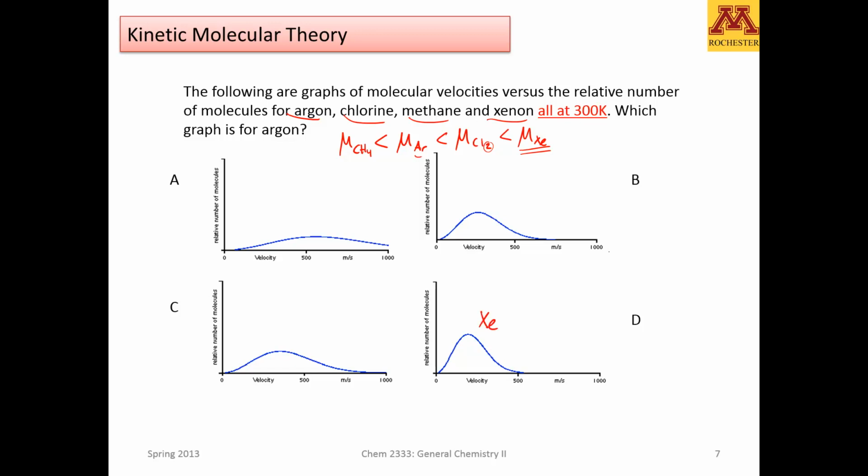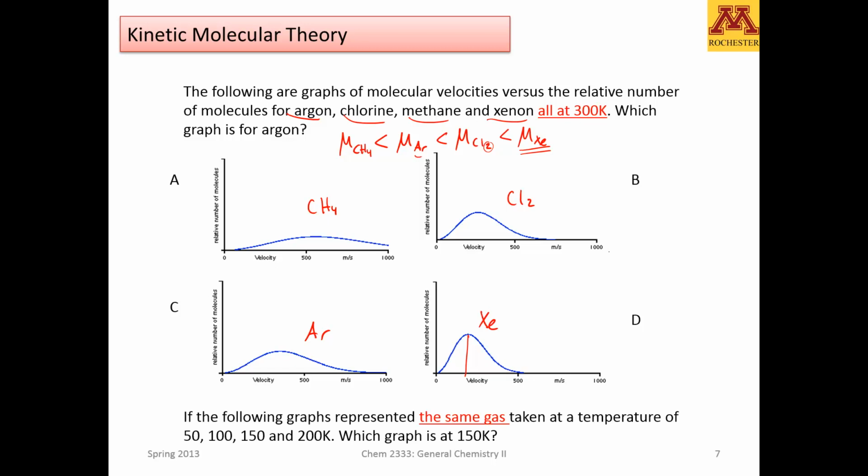So this is xenon, because it's the slowest of all gases and has the narrowest peak, followed by chlorine, followed by argon, and finally this is methane. This is the effect of mass on velocity of different samples of gases all at the same temperature.